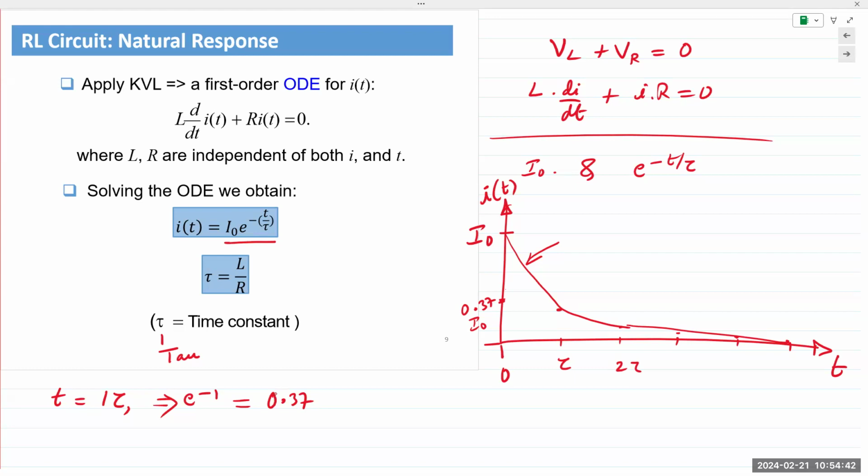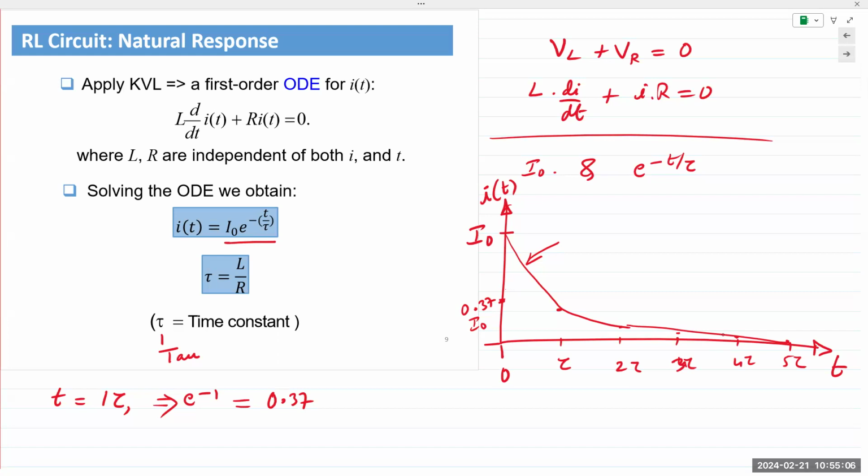5 times tau. I thought you all took the lab. 5 times tau is the generally accepted convention. 3 times tau, 4 times tau, and 5 times tau. When you plug in e raised to minus 5, less than 1% of the energy remains.